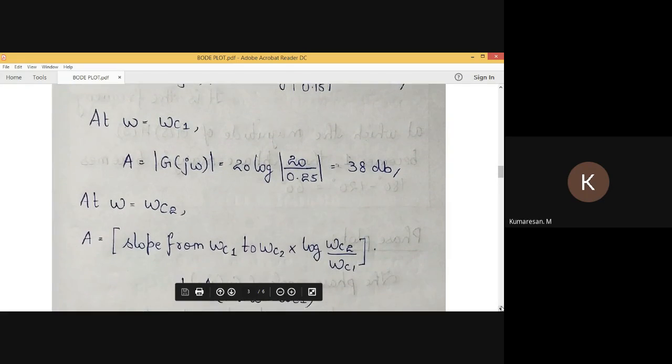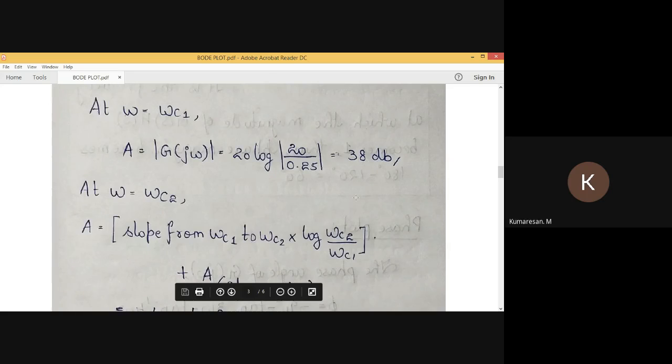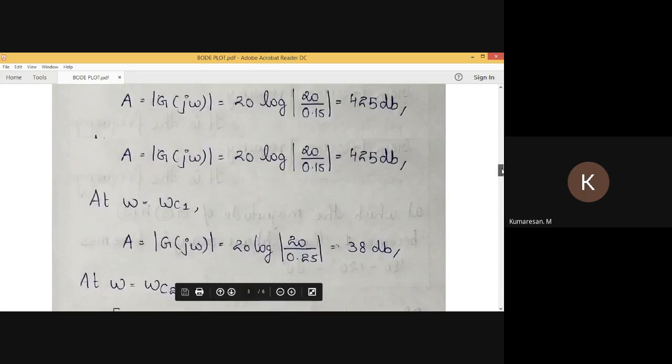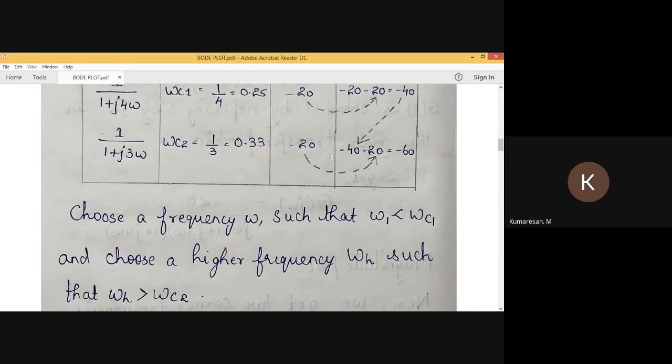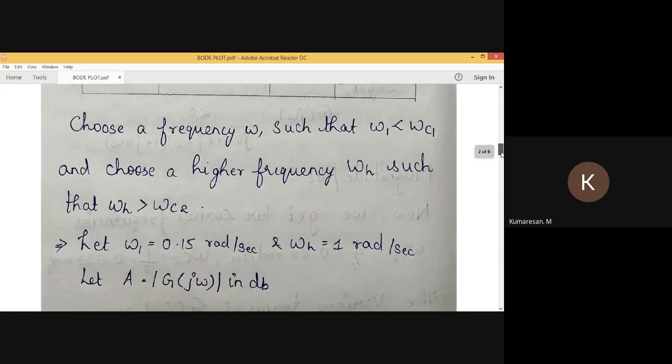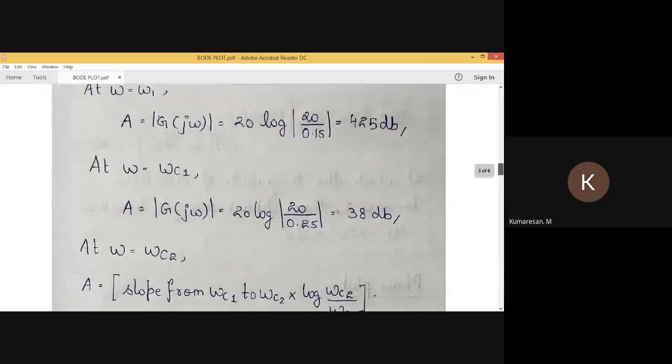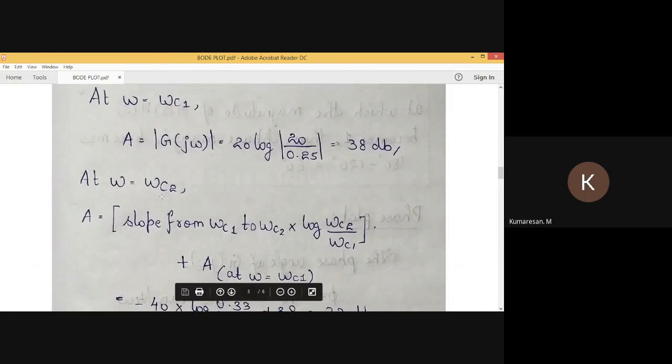Next, we come to the third one. Now we know that the slope changes occur after 0.25. When it reaches 0.25, the slope changes to minus 40. So after the second magnitude, you are going to use this formula. The slope changes from the second to the third term.